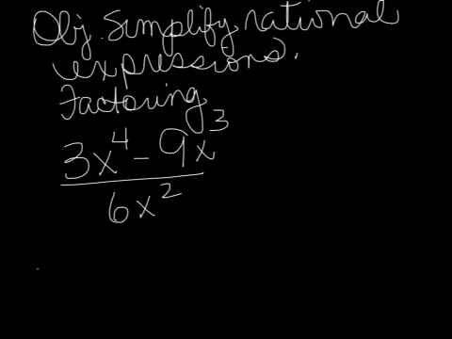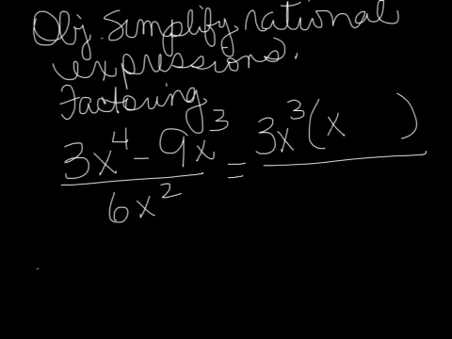Okay, let's look at the top. On the top, I said GCF of 3x cubed. If I factor that out, I'm left with x minus 3. And on the bottom, I have a 6x squared. I can simplify this if they are being multiplied together, not added or subtracted.